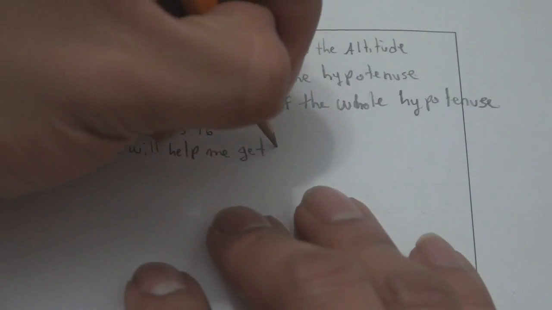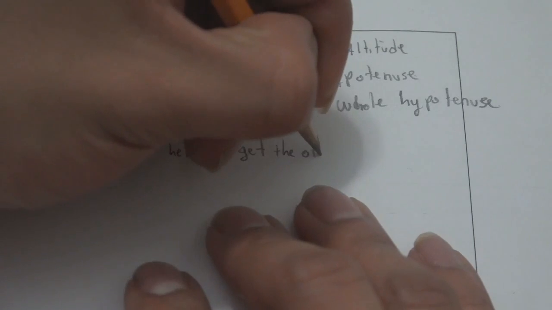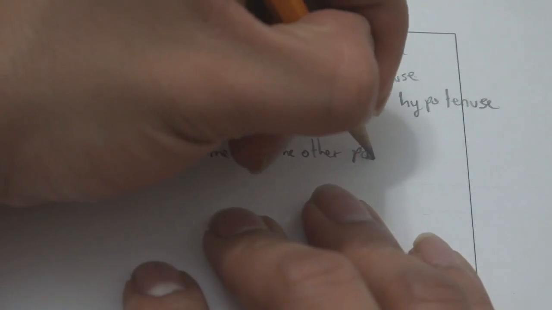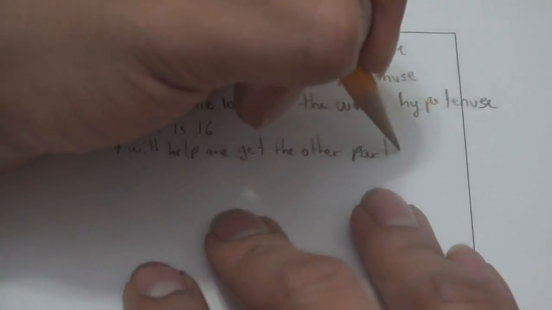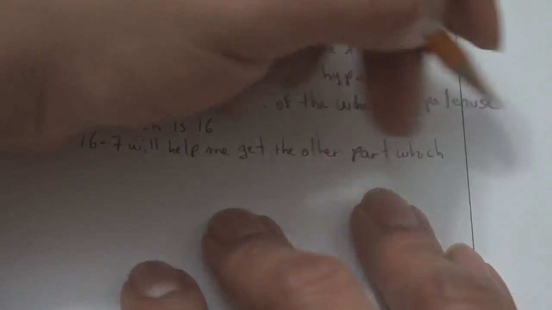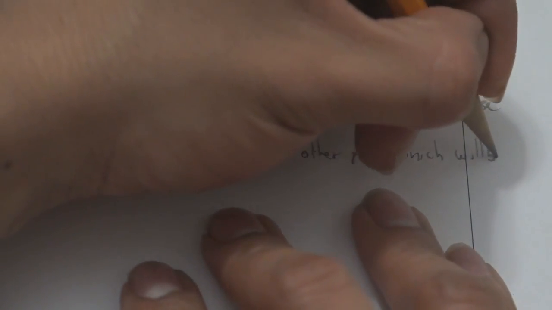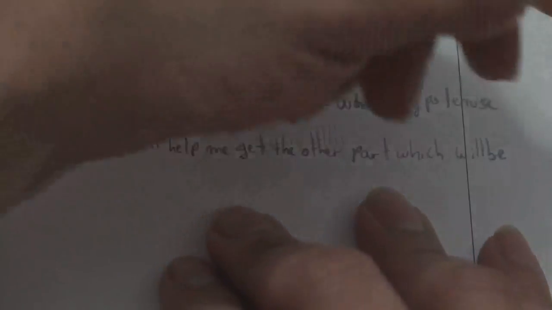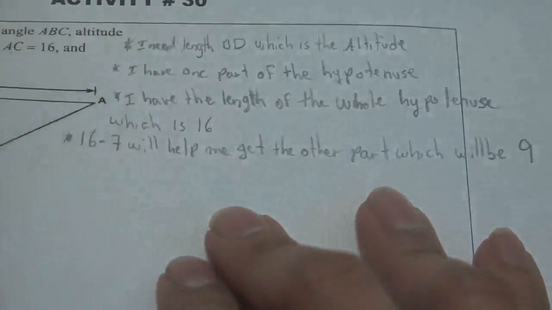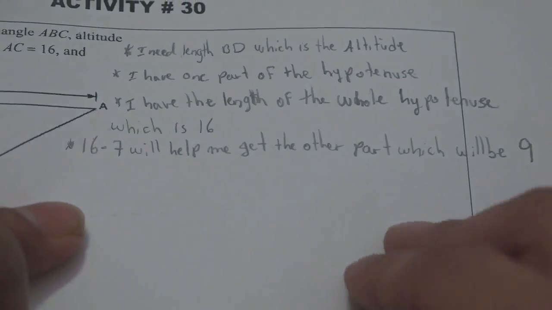The other part, which will be 9, because 16 minus 7 is 9.